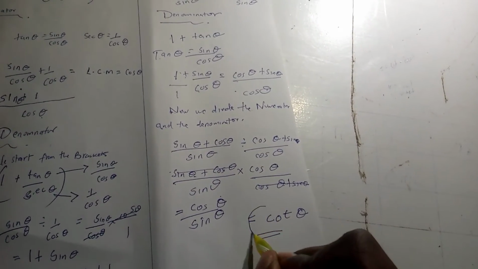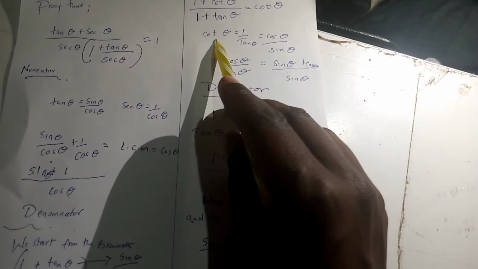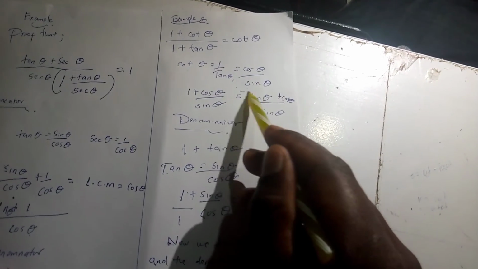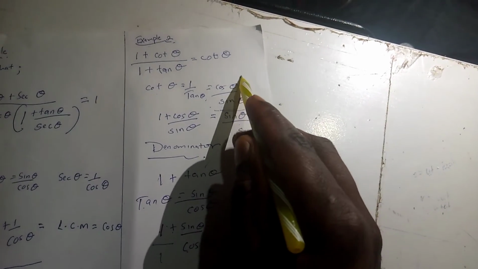We can refer upward that cot theta is equal to 1 over tan theta, which is also the same as cos theta over sin theta. Now we've got our answer. That's correct, and then we are good to go.